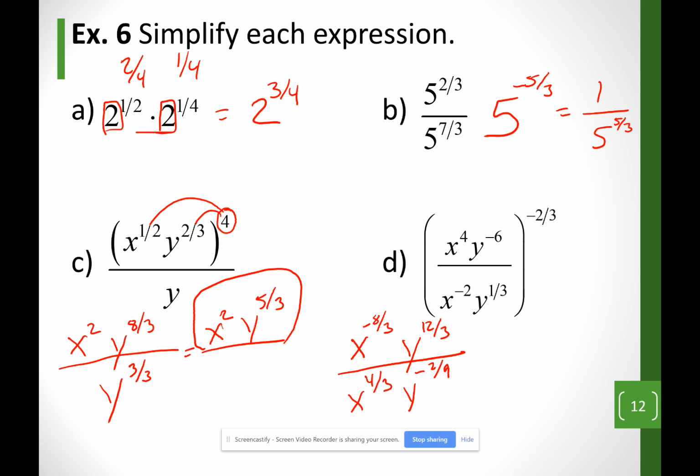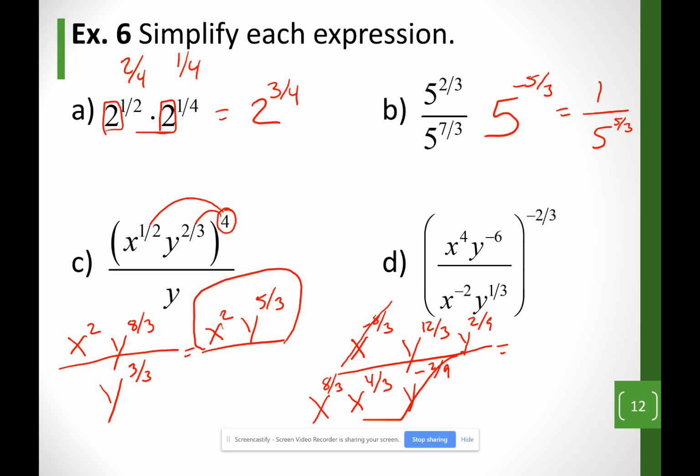Remember, I'm multiplying my exponents. Now, let me deal with the negative exponents. X has a negative exponent on top, so I'm going to bring it to the bottom as x to the positive 8 over 3. The negative exponent on the y, I'm going to bring it to the top as y to the positive 2 over 9.